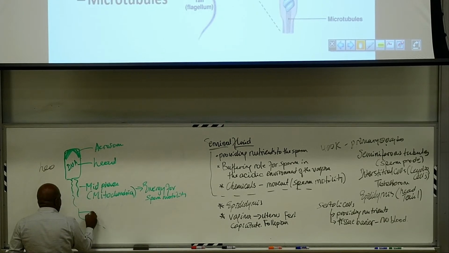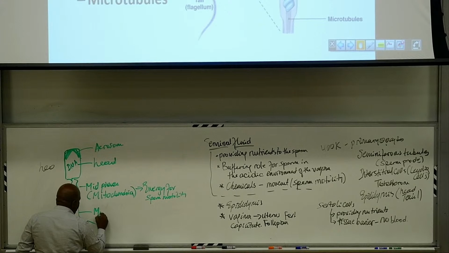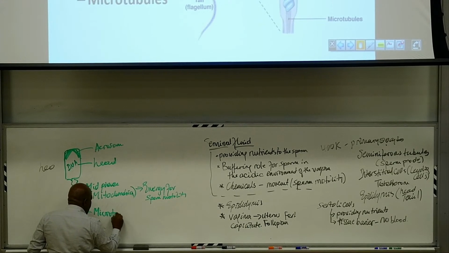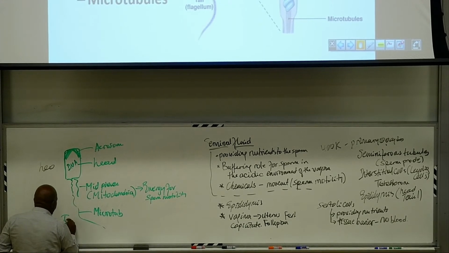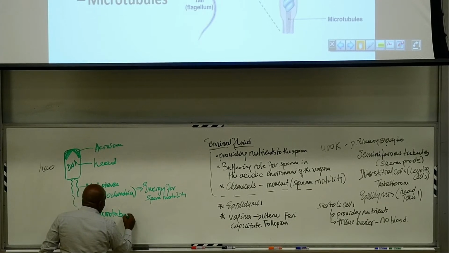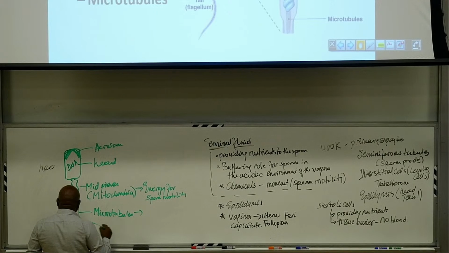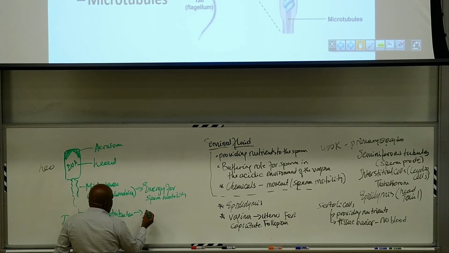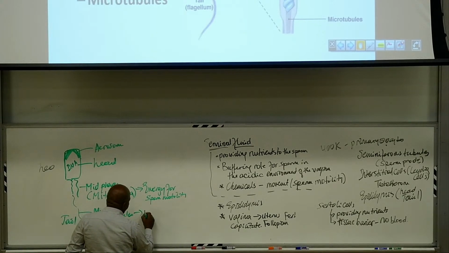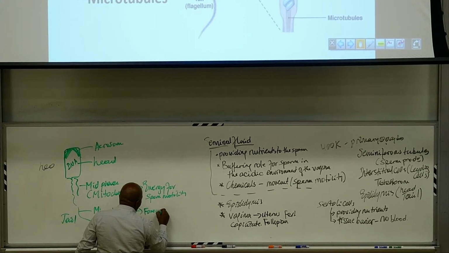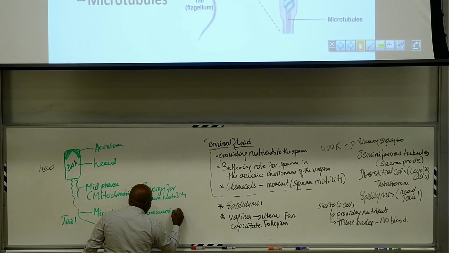The tail part is composed of several microtubules. That's the tail. These microtubules are a kind of flagellar structure. They are important for the forward movement of the sperm.